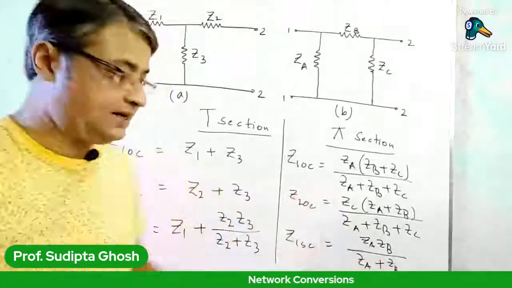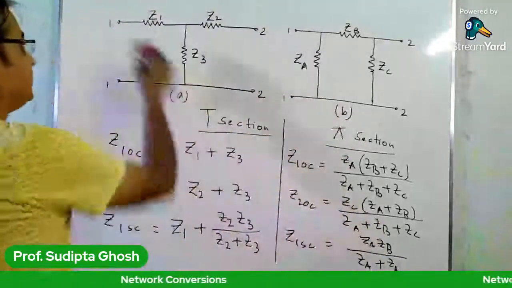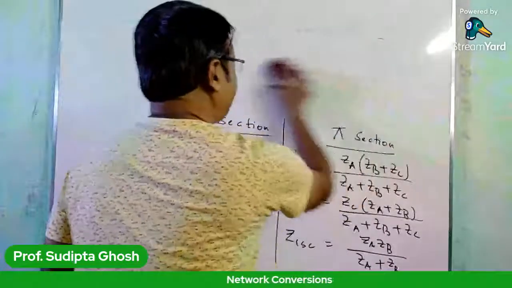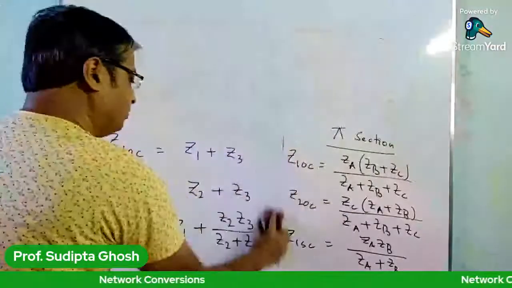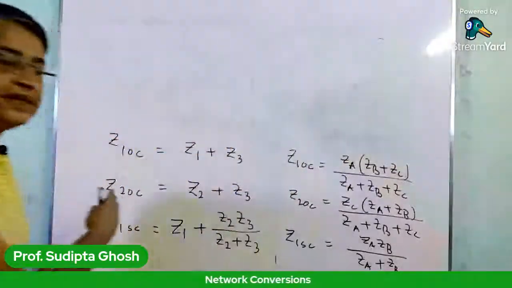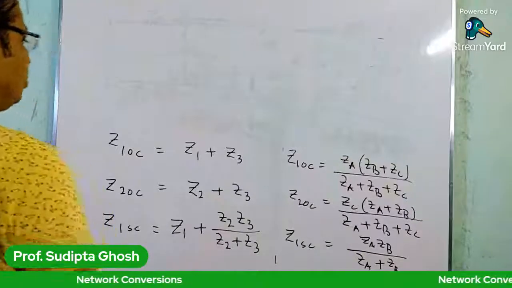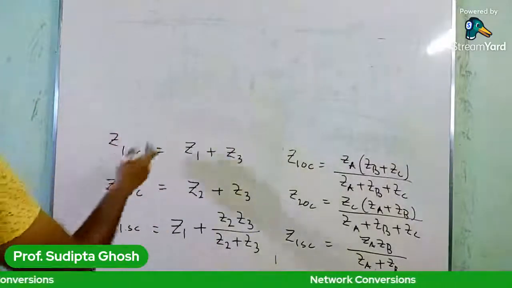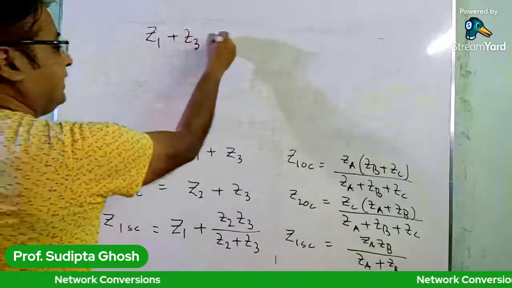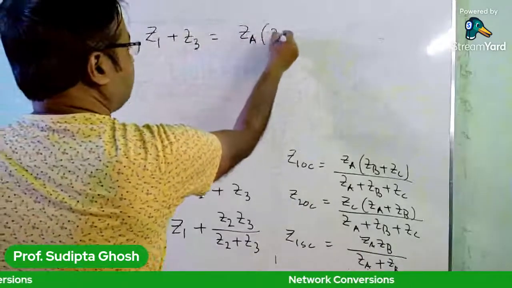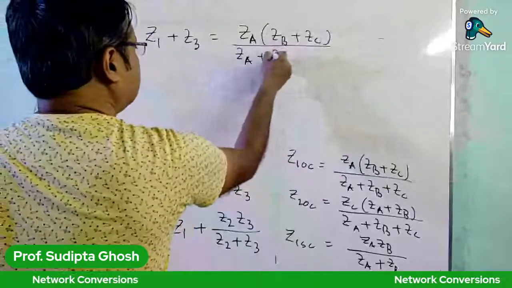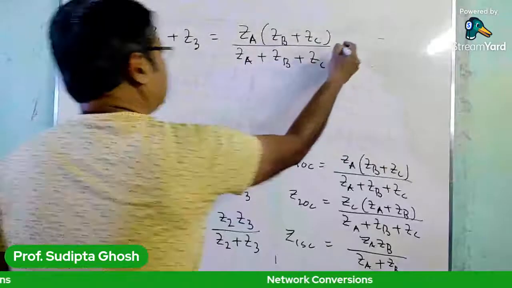So let us equate these equations. We are going to equate each and every external measurement value. First we equate Z1 OC for the T section and the pi section, and we have Z1 plus Z3 equals ZA into ZB plus ZC whole divided by ZA plus ZB plus ZC, and represent it as equation 1.